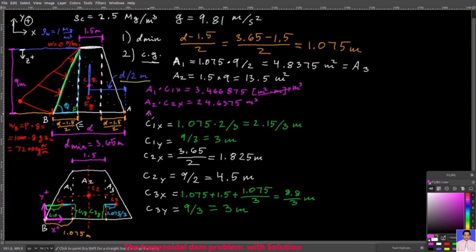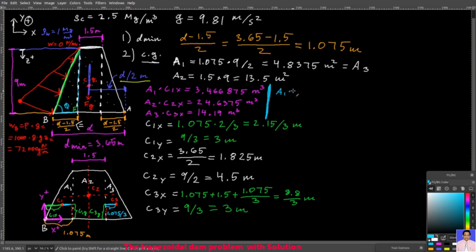And then I take A3, which is this area here. This area has a centroid, and I take a horizontal position of this centroid measured from point B. So A3 times C3x. That's 14.19 meters cubed. And now what I will do, I will sum up these three products.